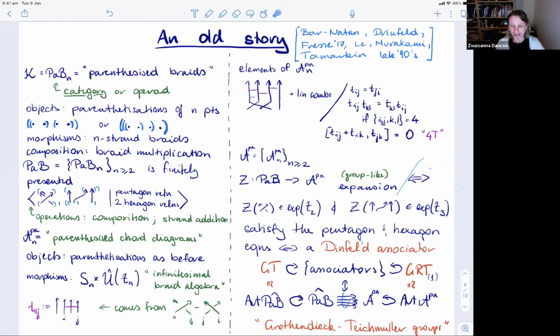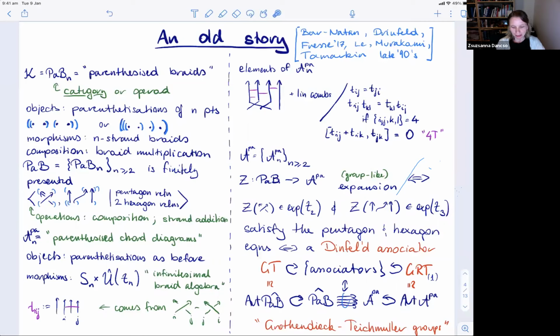Tij is the same as Tji because there's symmetry, and Tij and Tkl commute when they are on completely separate pairs of strands. So for example, this chord would commute with this chord. And then there's this 4-term relation, which if you've seen it before, it makes sense. If you never played with it before, it perhaps doesn't say much to you, but either way, it's fine. It's not going to be central to the rest of the talk.